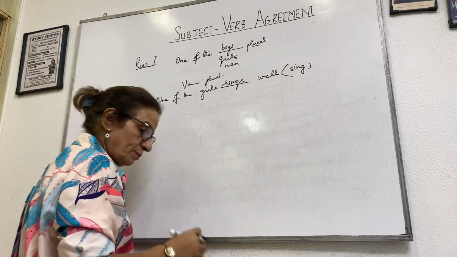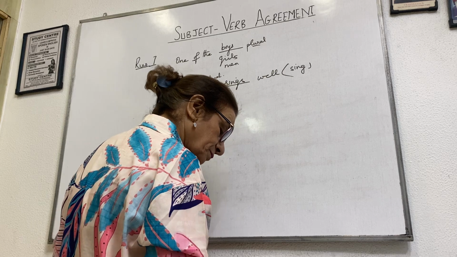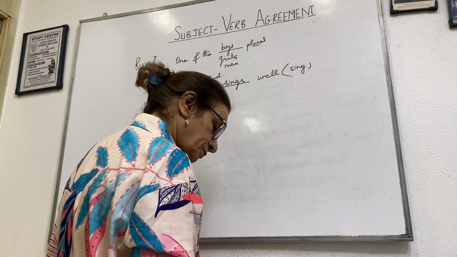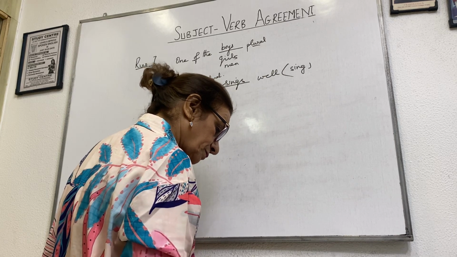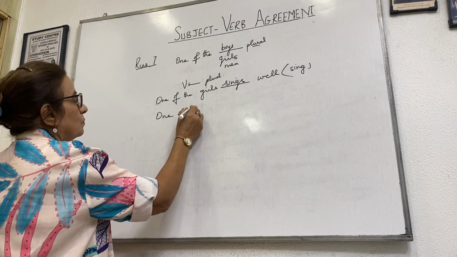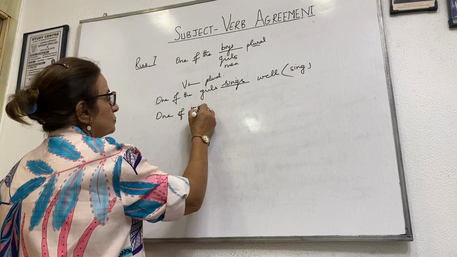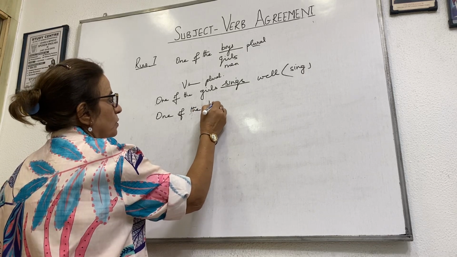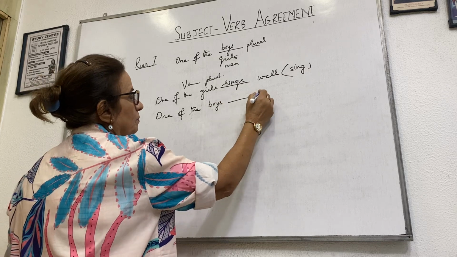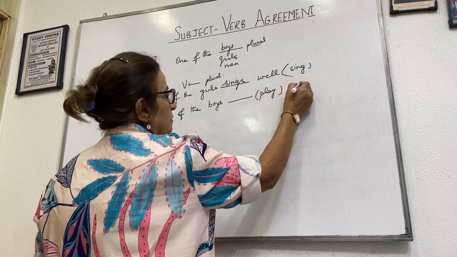Take another example. One of the boys, verb is play, cricket.